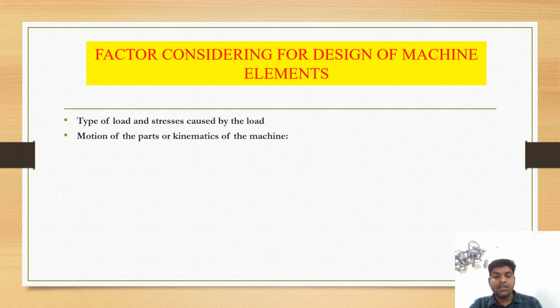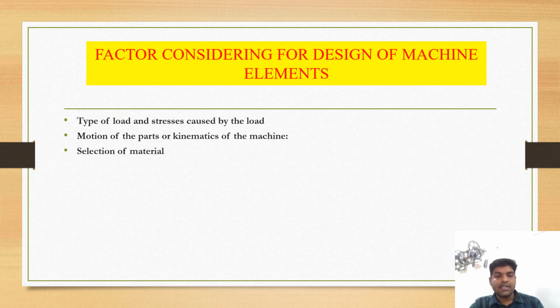Second one is motion of parts or kinematics of machine. The successful operation of any machine depends upon the simplest arrangement of the parts which will give the motion required, and the above said points should be taken care of during the design.